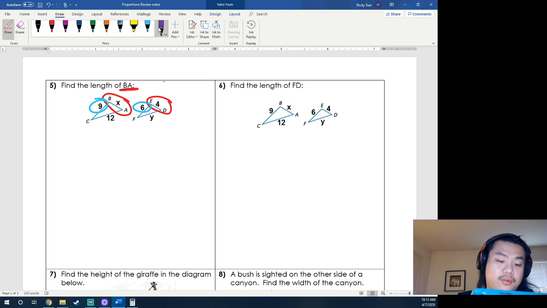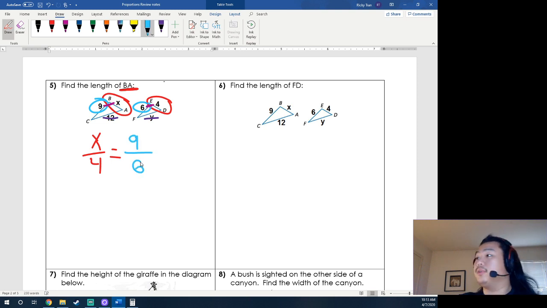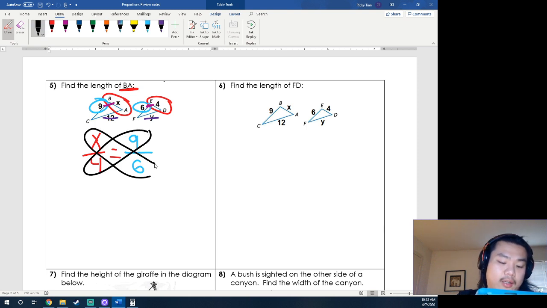Again, we can't use 12 and y. We have to use 9 and 6. So we have x over 4 is equal to, again, 9 and x have a relationship, 6 and 4 have a relationship, so 9 should be with the x, 6 will be with the 4, and we cross multiply.